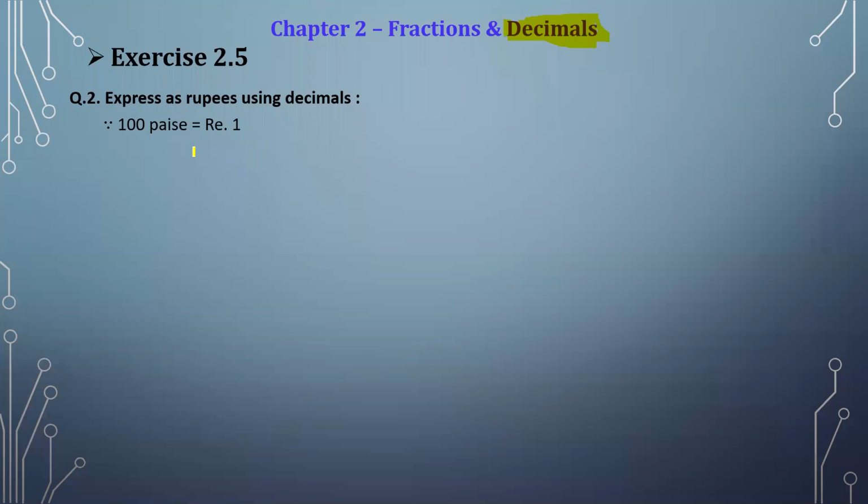These are general values defined by the government of India, which are unchangeable, or constant. That means you cannot say 200 paise is equal to 1 rupee. Always 100 paise is going to be 1 rupee. So this is the conversion.